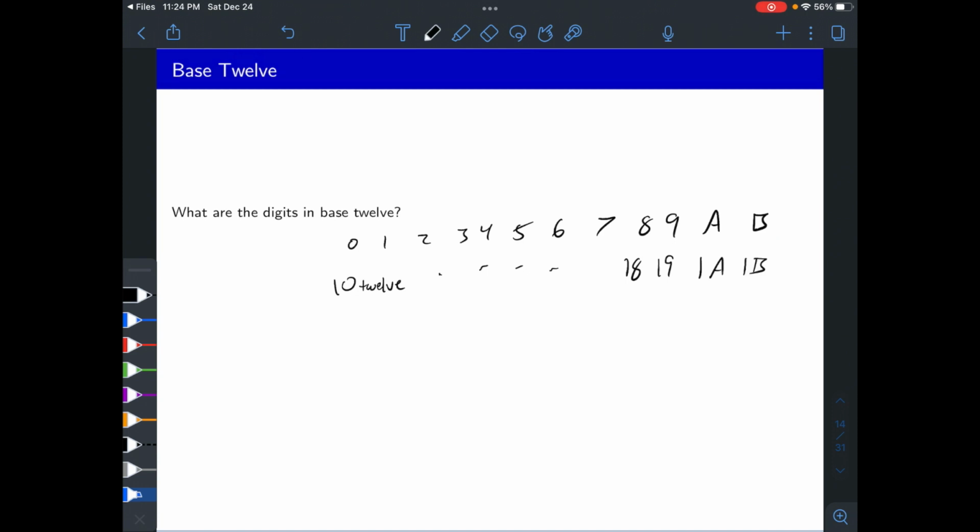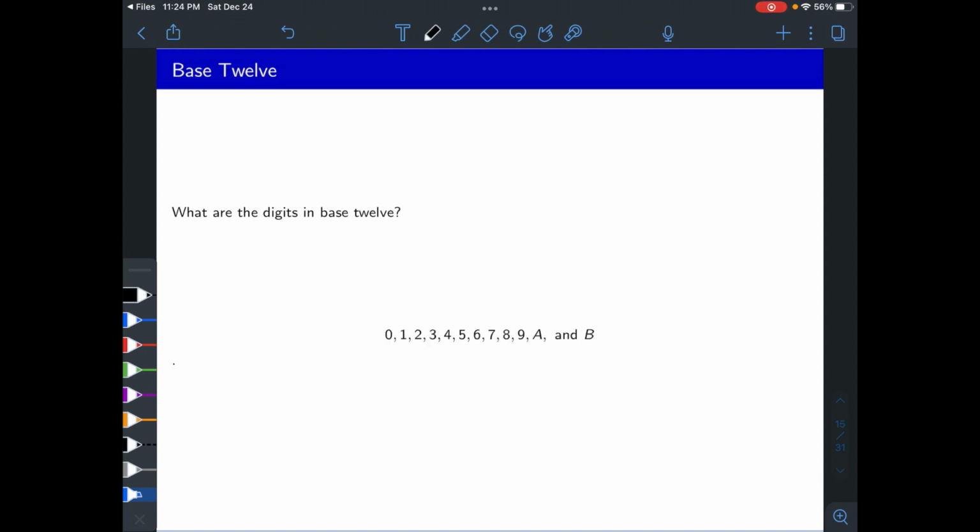And so after 1, 8 base 12, we have 1, 9 base 12, and then 1A base 12, 1B base 12, and then here we have 11 groups of 1, and the next one we would count up to would be 2, 0 base 12. So those are our digits, just 0 through 9, and then we include the letters A and B.